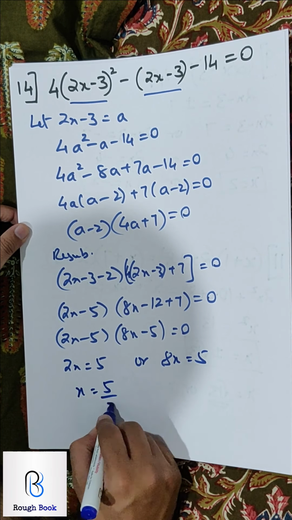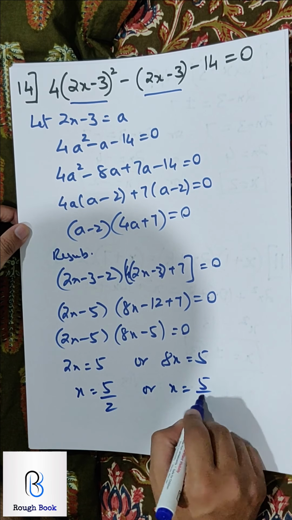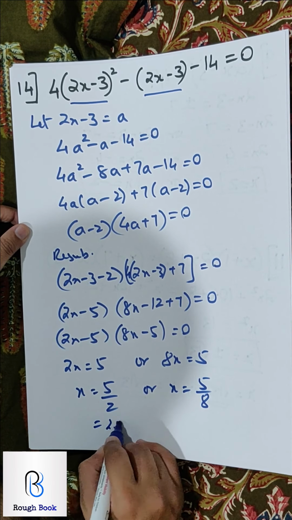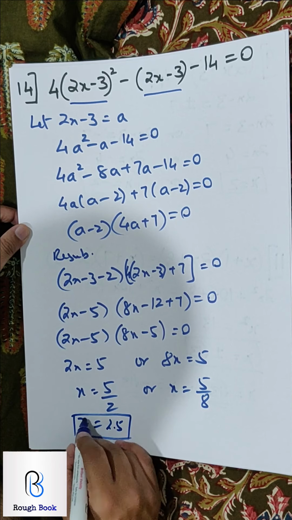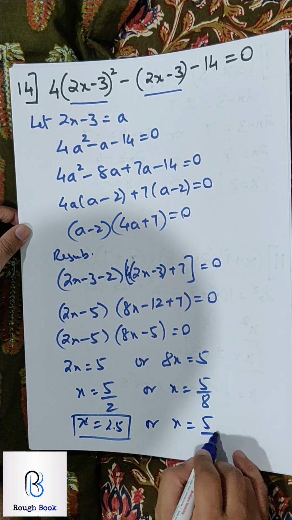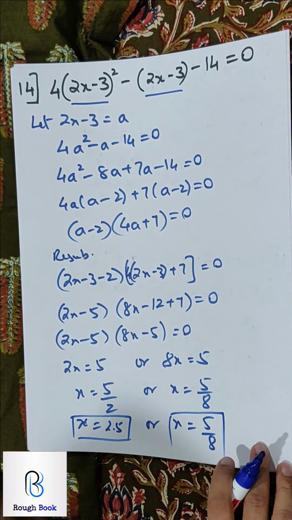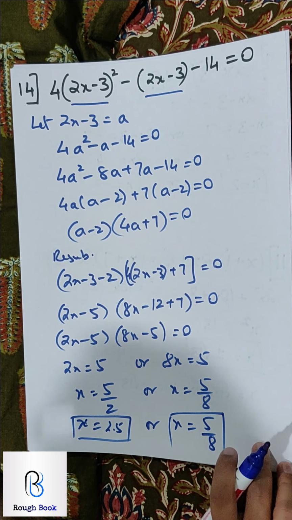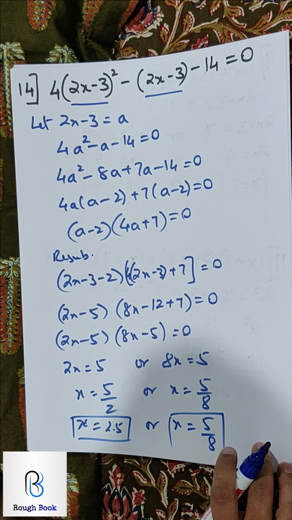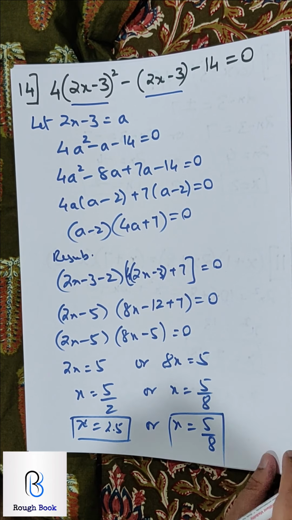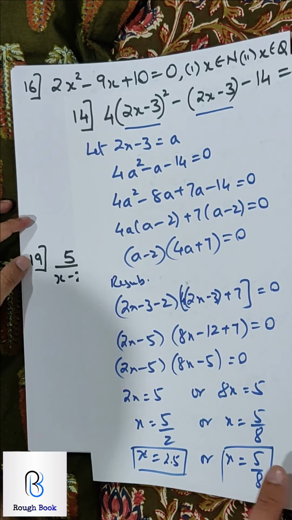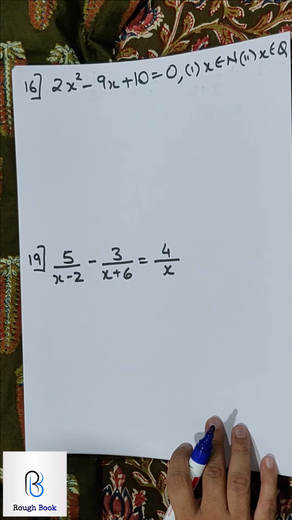So x will be 5 by 2 or x will be 5 by 8. This I can write as 2.5 as first answer for x, or x is 5 by 8. Yeah, how many managed to get this correct? That's good. These type of sums also are seldom asked on the boards. When they're really simple ones, they stand at 9 level.